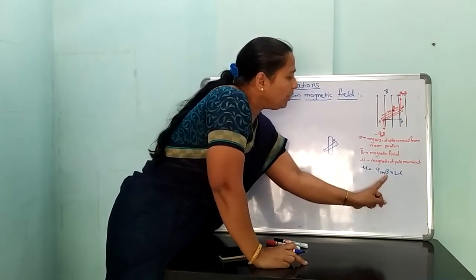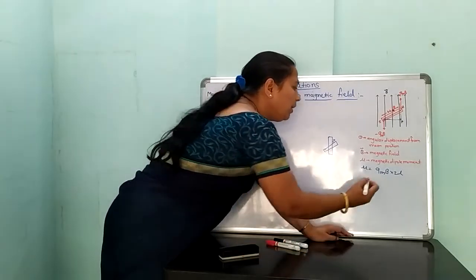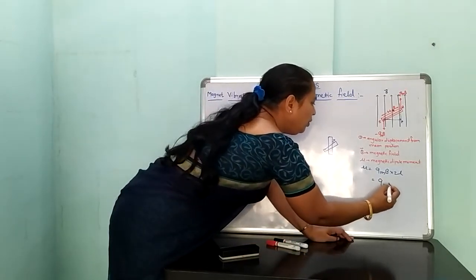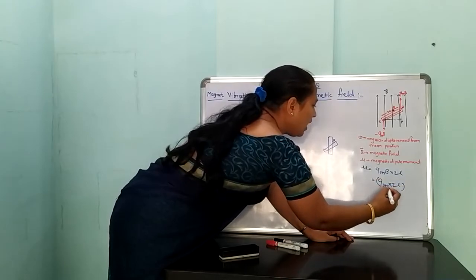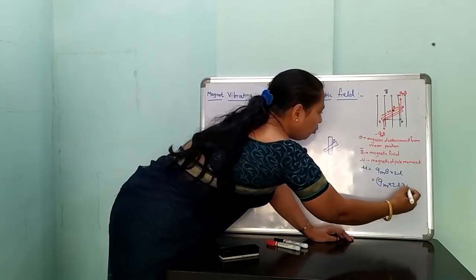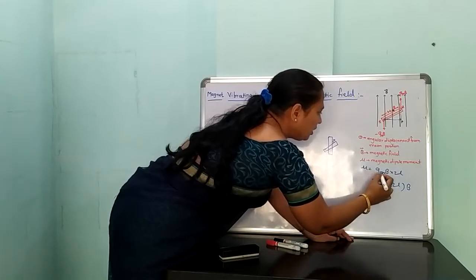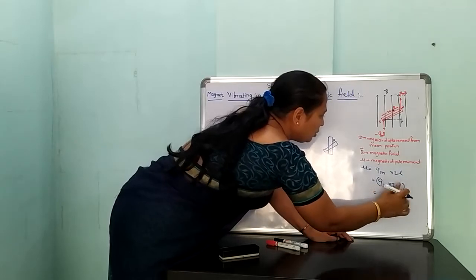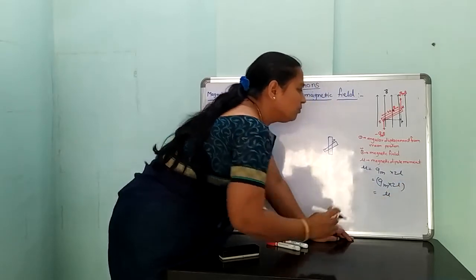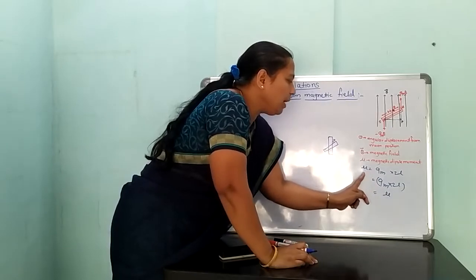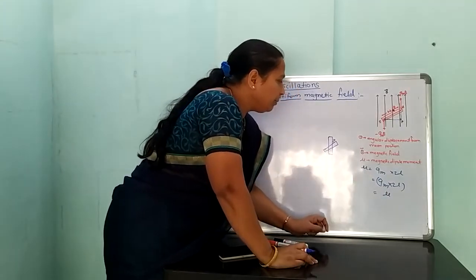Therefore, QM into twice L is known as the magnetic dipole moment, where mu is equal to QM into twice L.